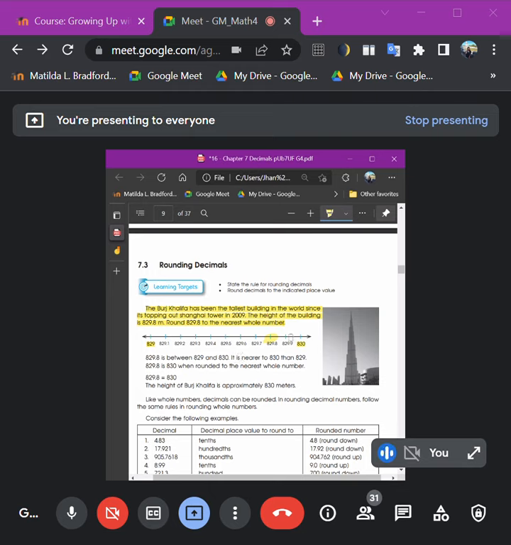Because we don't have any whole number man if we're going to write it. So asa man ang mas duol niya class? Ang 829 or ang 830? Sa atong given nga this one. Asa ang duol niya? 830. Okay, the 830.